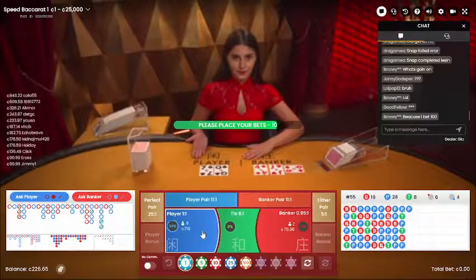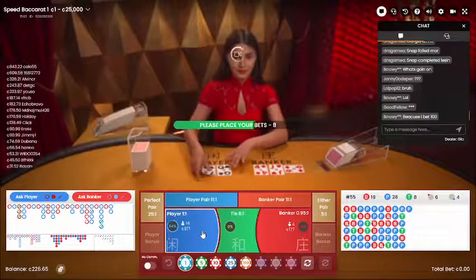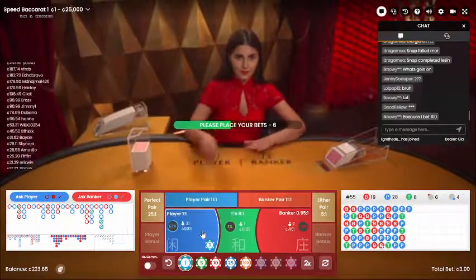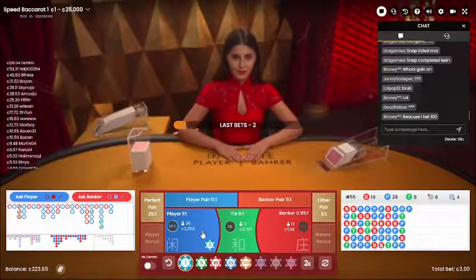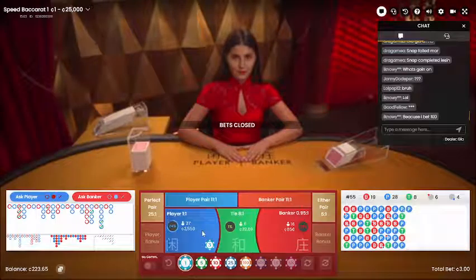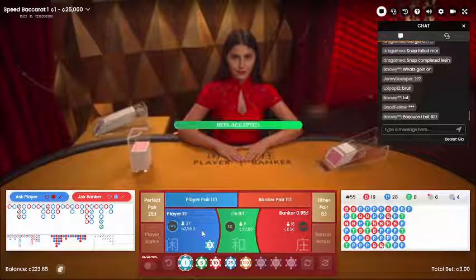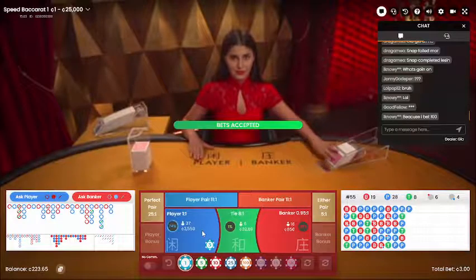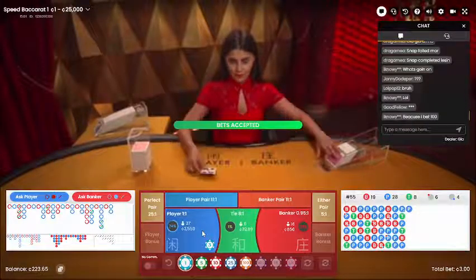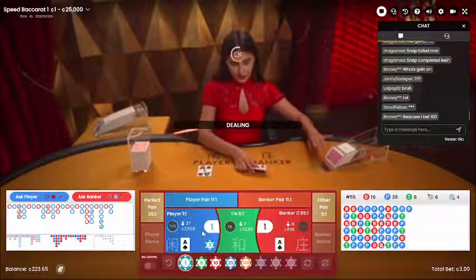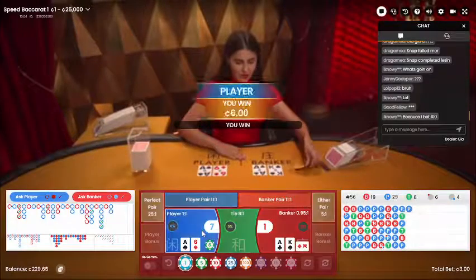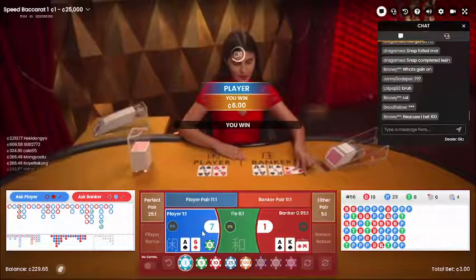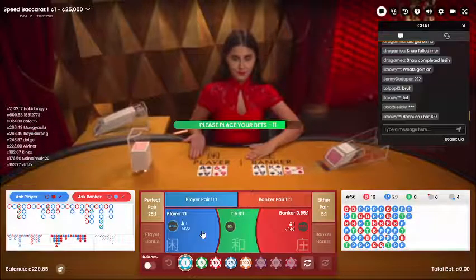Okay, so we play player this time around. Three units of player. Okay, so we won on our very second bet once again.